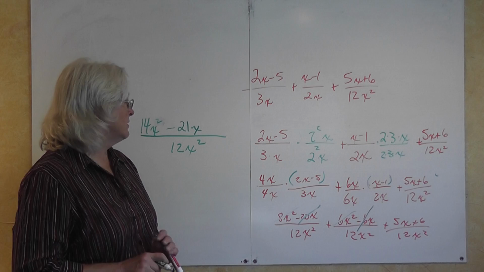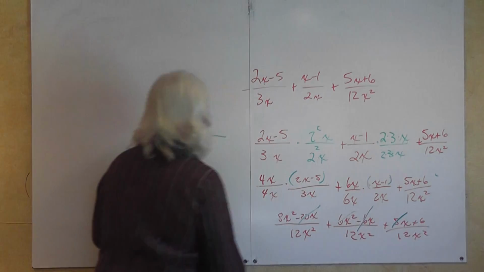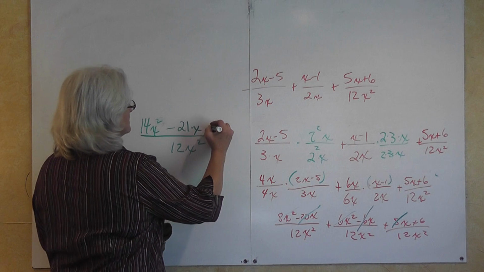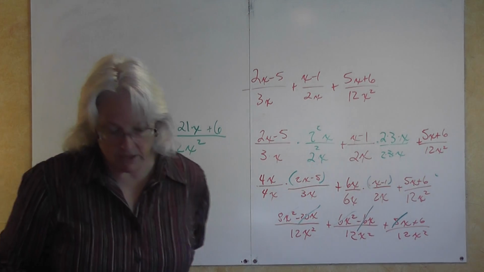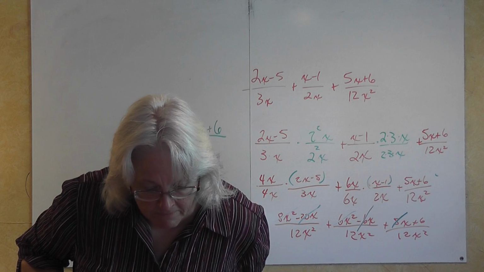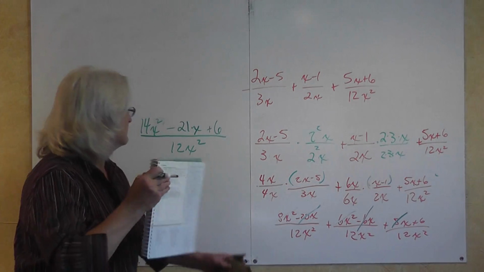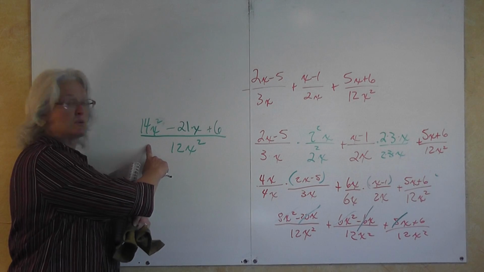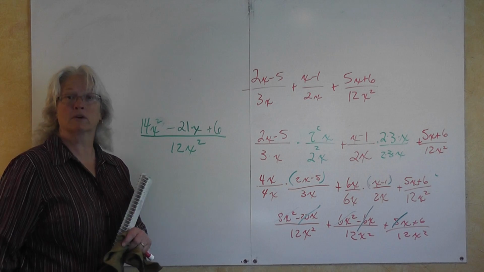What do we have here? Still remaining, we have a factor of 6. Plus 6. All of this is going to be over 12x squared. 14x squared minus 21x plus 6, all over 12x squared.